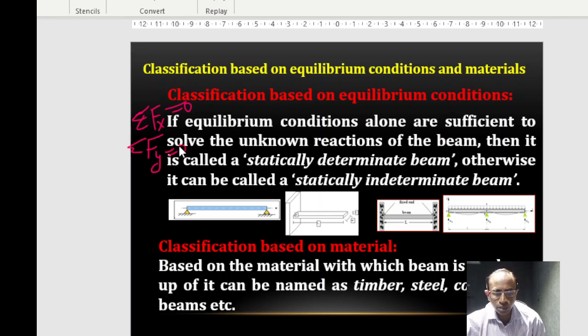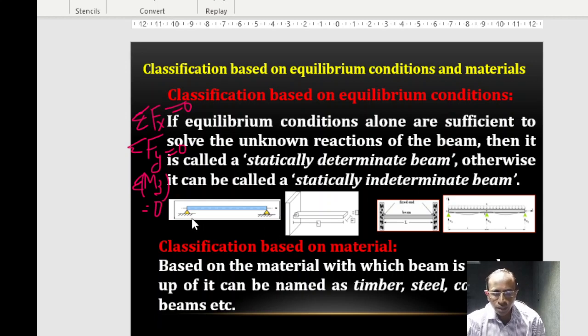These are the equilibrium equations. So generally for a two-dimensional problem you will have these three equilibrium equations. If your unknown reaction components are equal in number to these equilibrium equations, then it is called a determinate beam. If not, it is called a statically indeterminate beam.